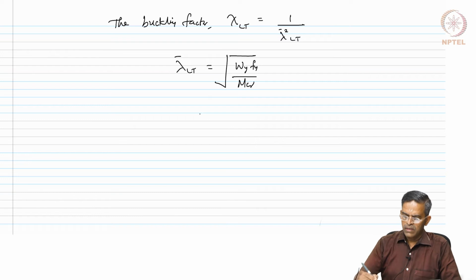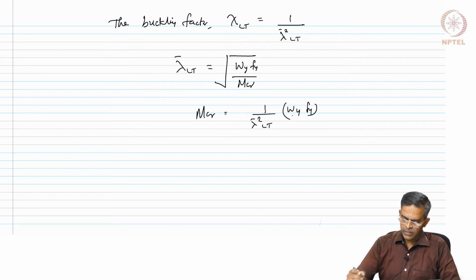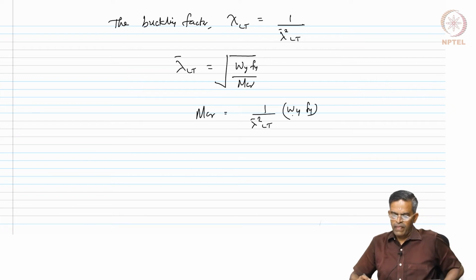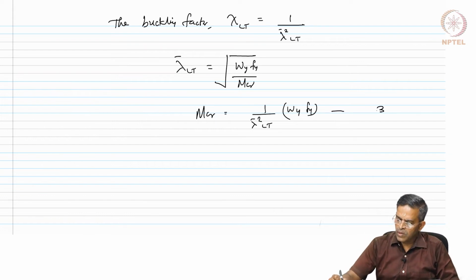So, from this we can say MCR is 1 by lambda bar LT squared of Wy Fy. Can I say that? We can see question number 31.